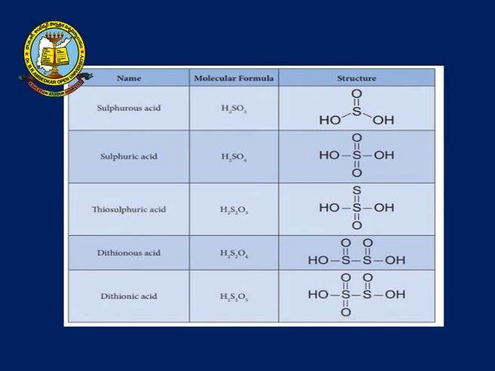Thionic acid, more sulfur. If the oxy acid contains more sulfur, those acids are called thionic. Thio means sulfur. One sulfur is normal sulfur. If the same compound contains more sulfur, that is called thionic. You remember any acids, all of you listen carefully. The acids are basically 2 types: one is us acid, second one is ic acid.